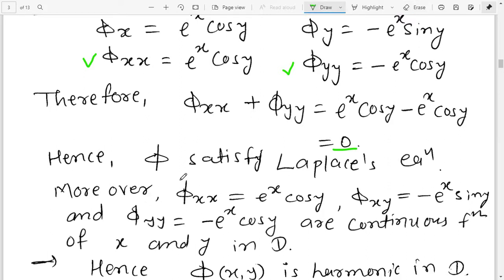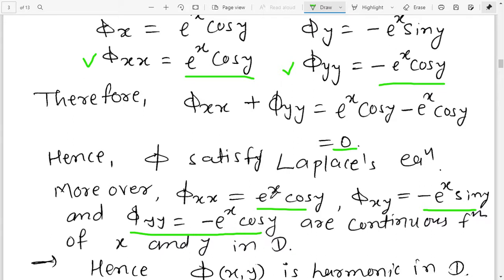Moreover, phi xx is equal to e raised to x cos y, phi yy is equal to minus e raised to x cos y, and phi xy is equal to minus e raised to x sin y. Here all second order partial derivatives are of exponential and trigonometric form.